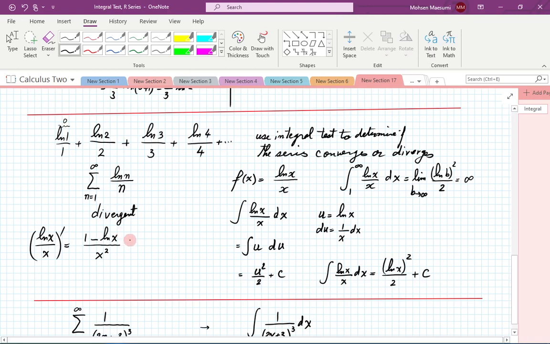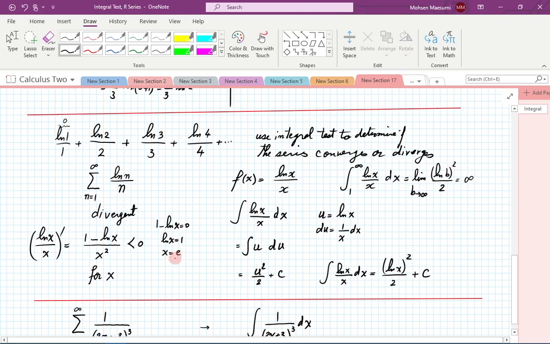So we say this quantity is negative for x's that are larger than, well, let's set the numerator of this thing equal to 0. We see that logarithm of x has to be equal to 1, so x has to be equal to e.